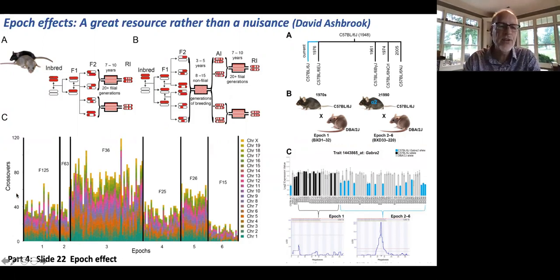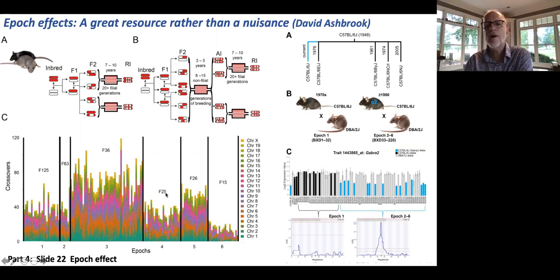So the original Taylor series of BXDs were generated starting in 1970. They're now up to F125 on the breeding. Then Ben made about 10 new BXDs in the 90s. We started making them using advanced intercross strains in the late 90s. So that's this third epoch.